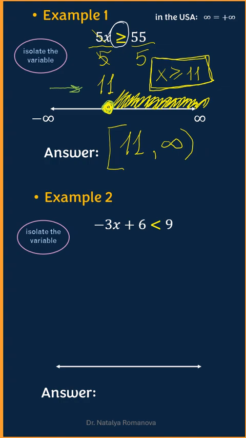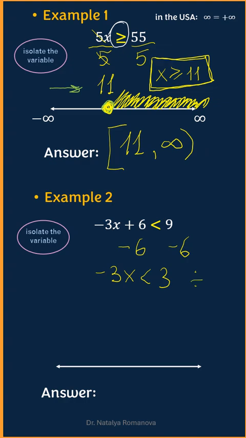The second example, we need to isolate x. So the first step, we subtract 6 from both sides. And we have negative 3x less than 3. Now we have to divide by negative 3.